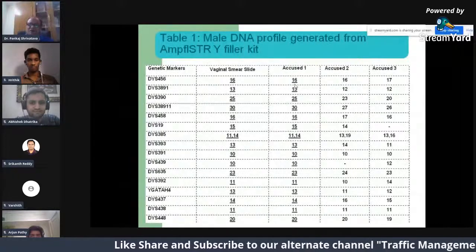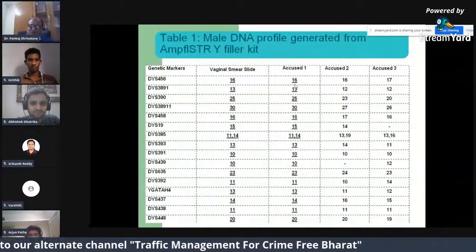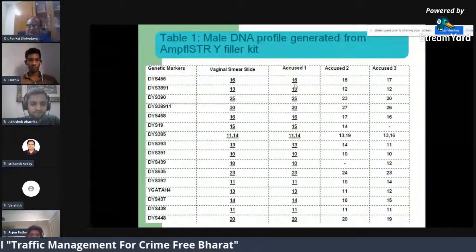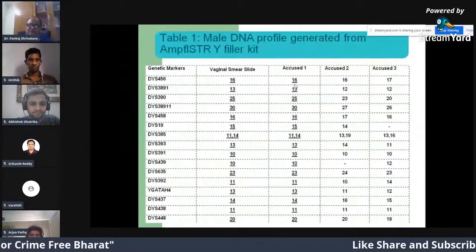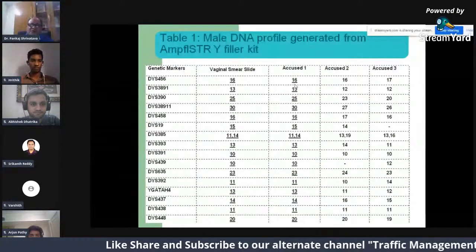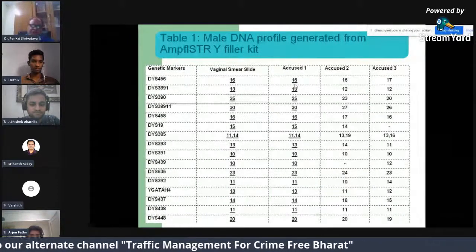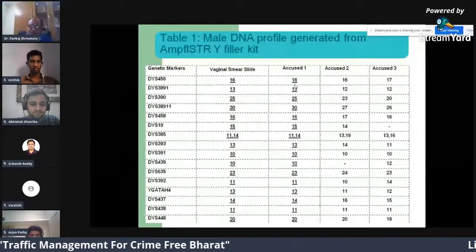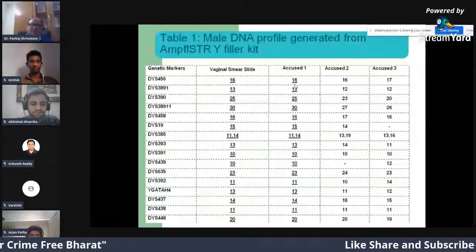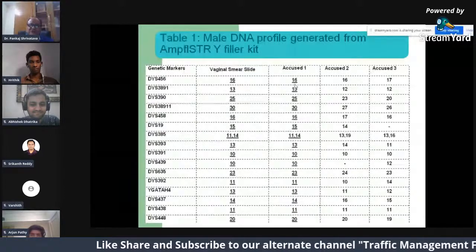But here what we do is we take a scrap from the slide and we try to find out the DNA profile by the present technique, with the several advancements in technology. We started DNA examination in 2007 and this is 2020. There are n number of research papers coming up towards advancements.